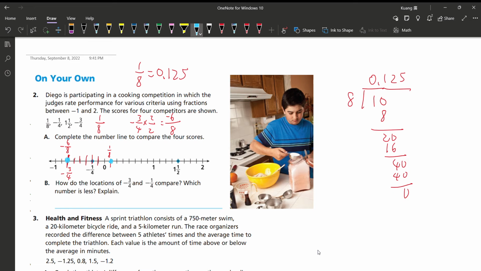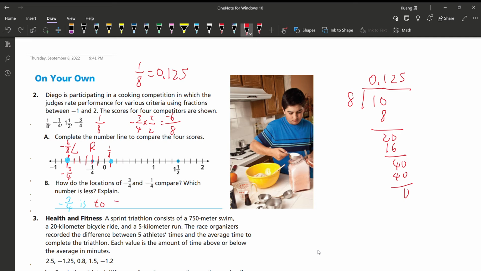Question B: how do the location of this point and this point compare? You can say -3/4 is, I want to use red, to the right, to the left, sorry. It's to the left of this. This is right, this is left.